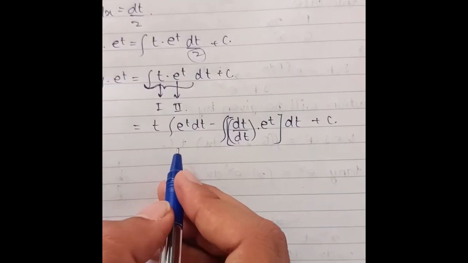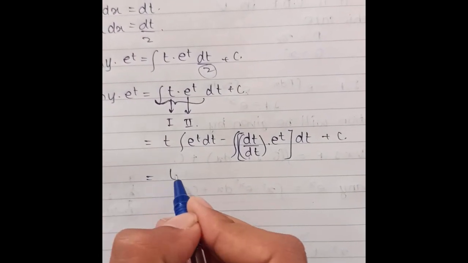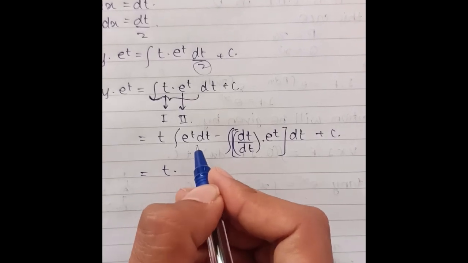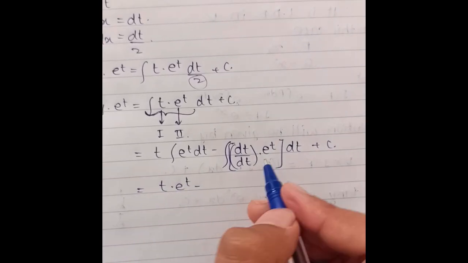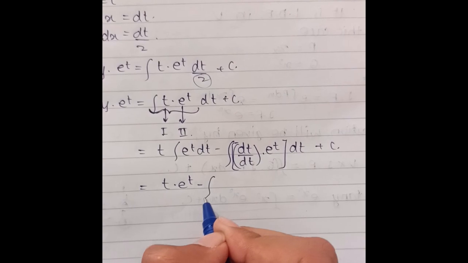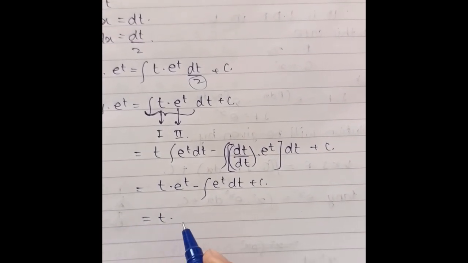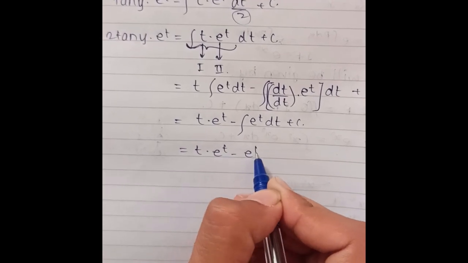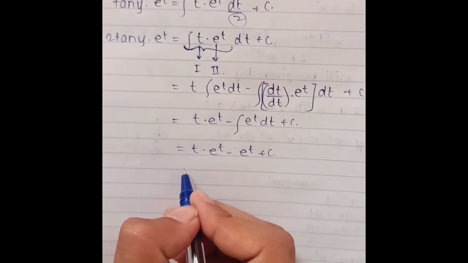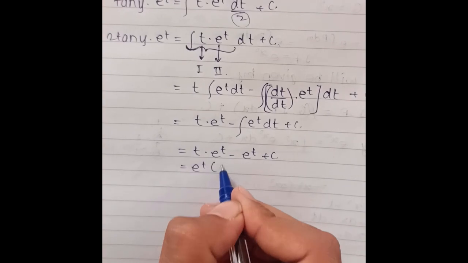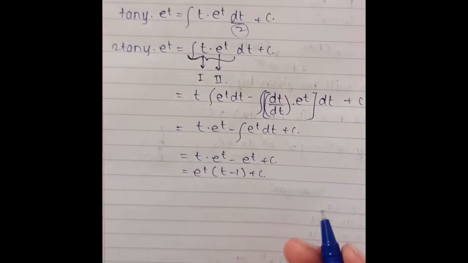Further solving, we know that the integration of e raised to t is e raised to t, so it can be given as t into e raised to t minus e raised to t plus c. By taking e raised to t common we get e raised to t into t minus 1 plus c.